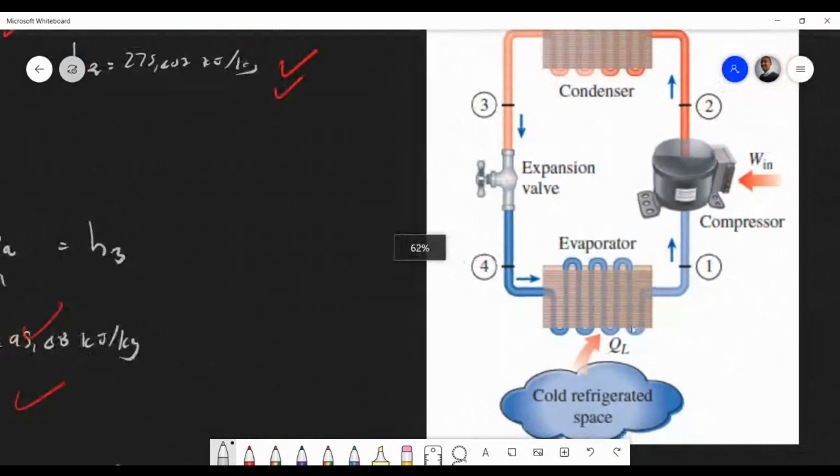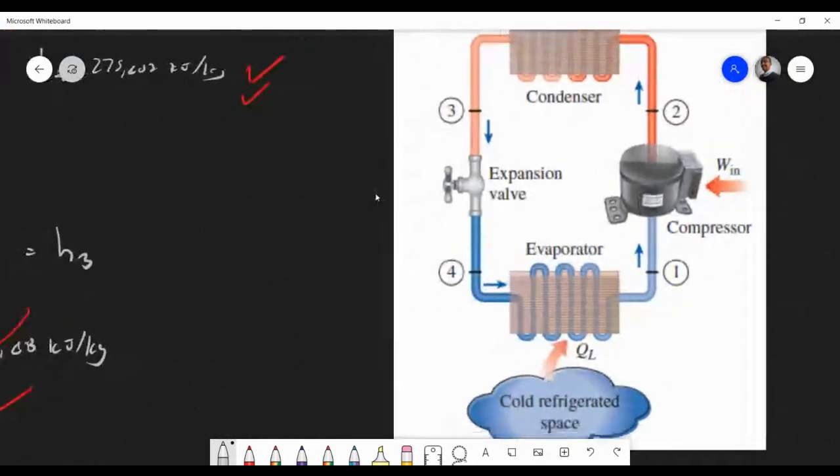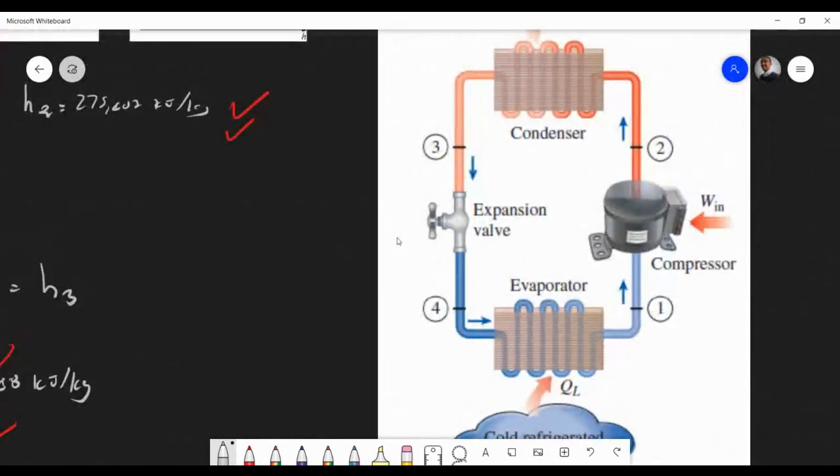At the evaporator. Now, what would be our compressor? Our compressor work between which 2 points is it? Which H's? One to two.